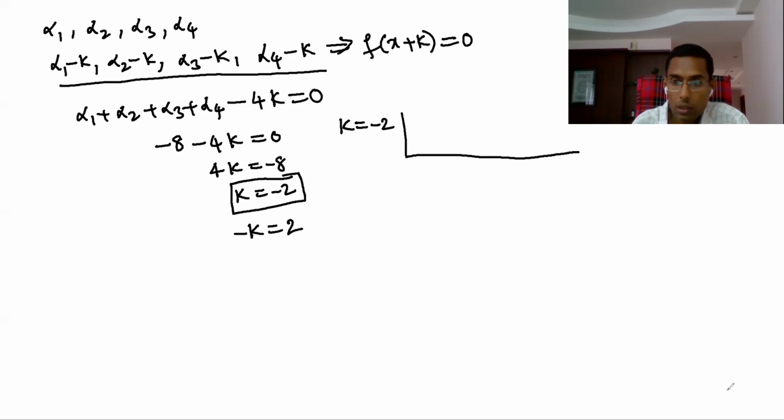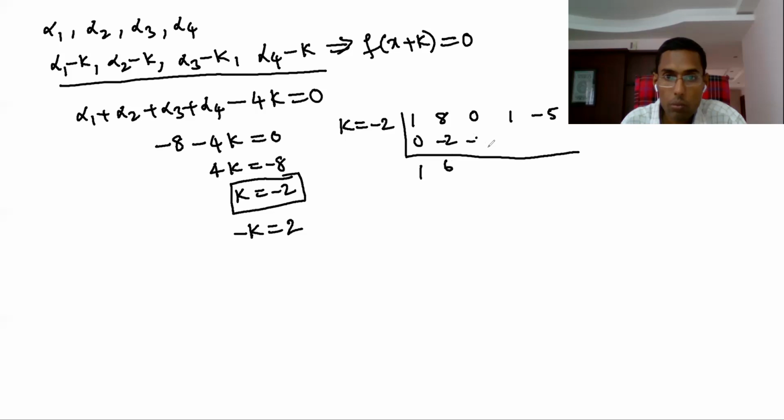The coefficients I am writing are 1, 8, 0, 1, minus 5. I will do it fast now. See, 1. This is minus 2. This is 6, 6 minus 12, minus 12 here. This is minus 11, and this is 22. So the final remainder is 17.